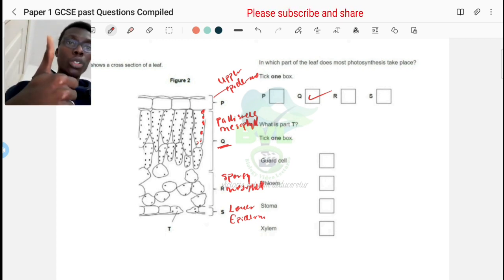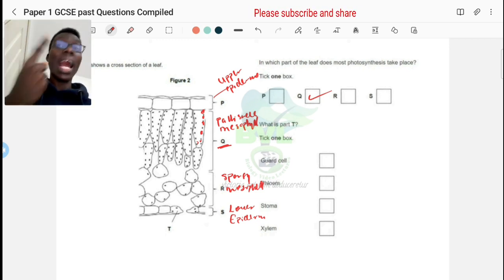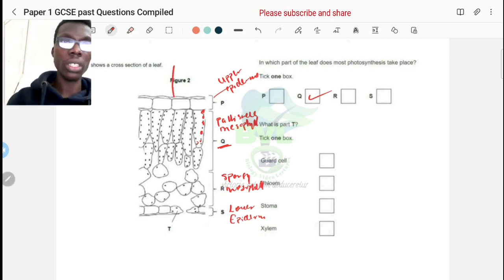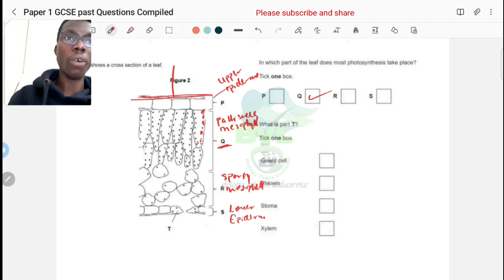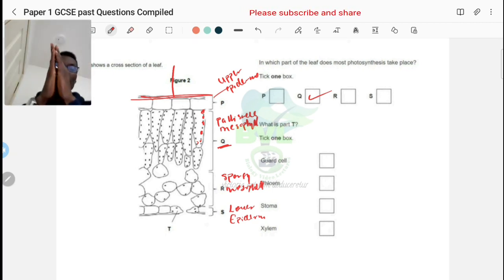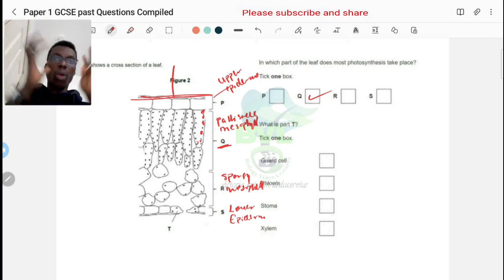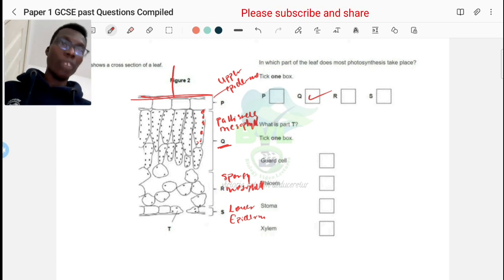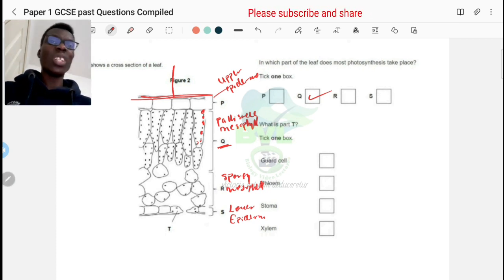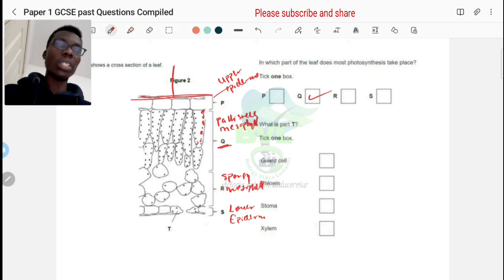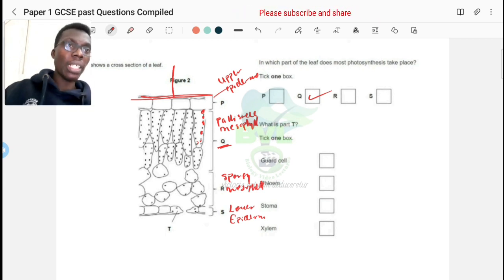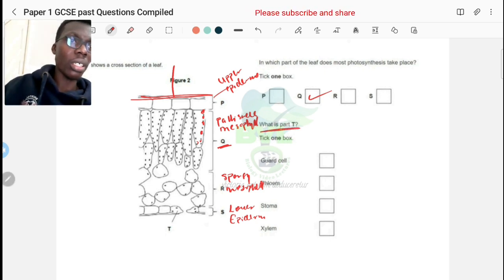It contains loads of chloroplasts, and it is arranged perpendicular to the surface, at 90 degrees, so the cells are well arranged and compact, able to absorb sunlight very well. That makes them effective at photosynthesis. While spongy mesophyll doesn't do much photosynthesis, it does a little, but it does more of storage, as it were.